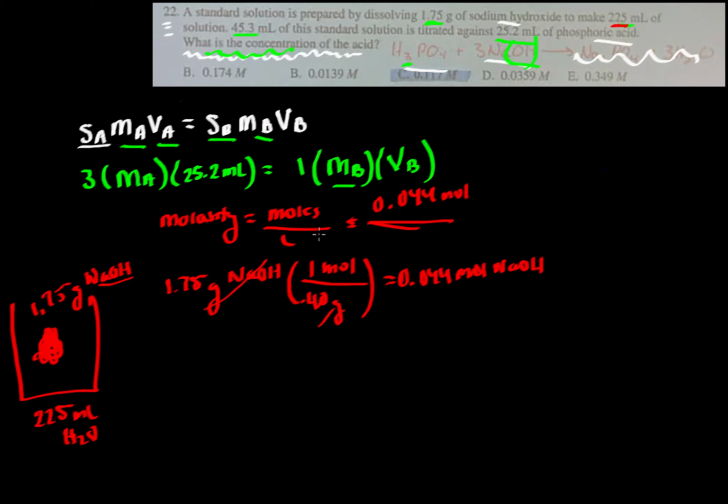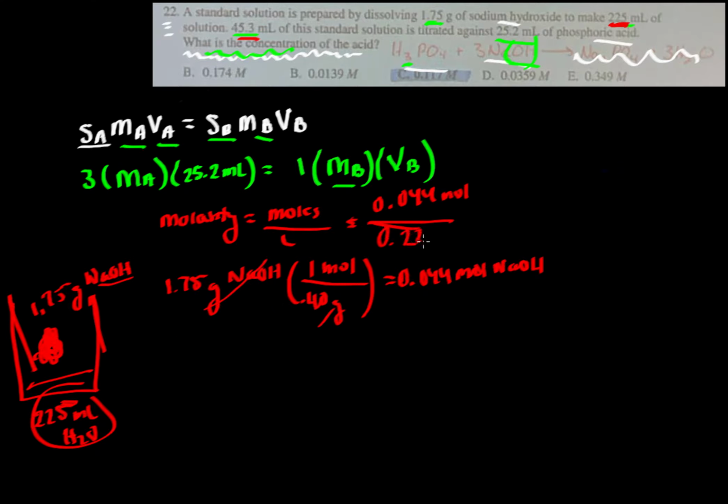Now liters. This one does have to be in liters, you can't just leave it in milliliters. We have two different volumes in the problem, the 225 and the 45.3. You want to figure out how many milliliters were put in our beaker, which in this case was the 225. Then we have to convert that. That's just dividing by 1,000.